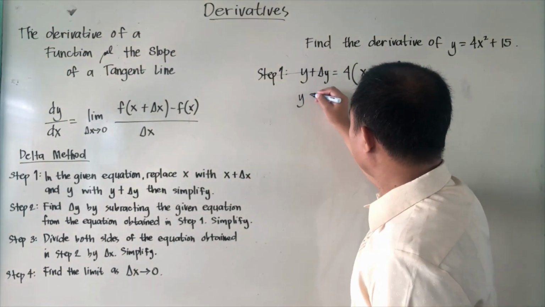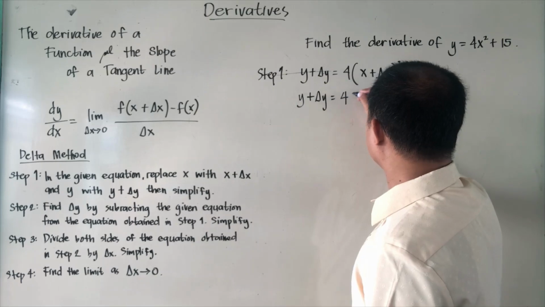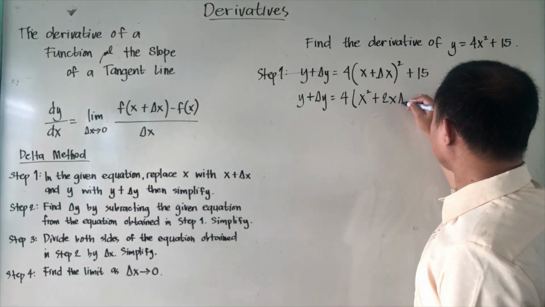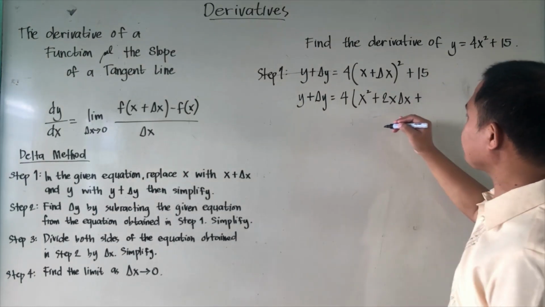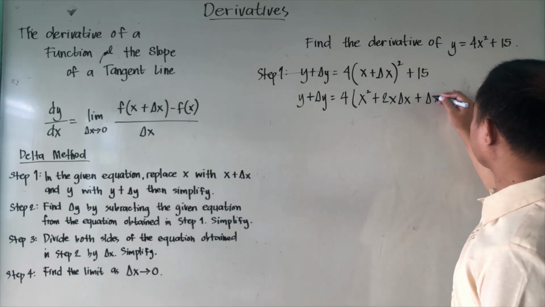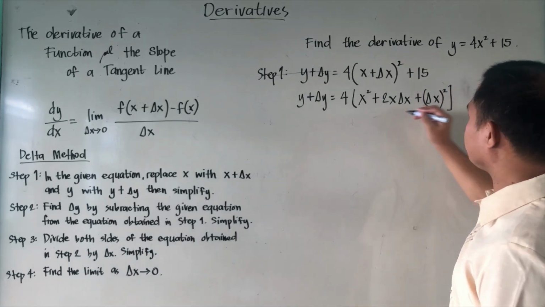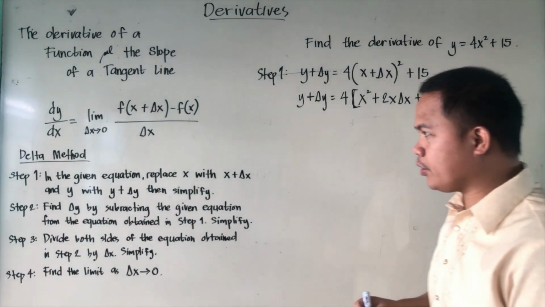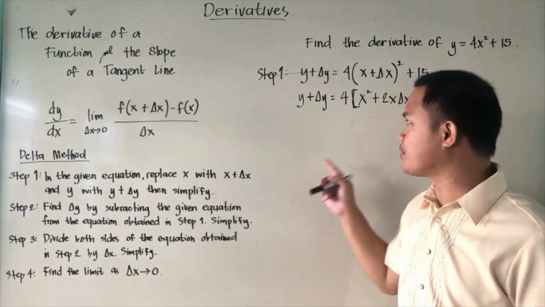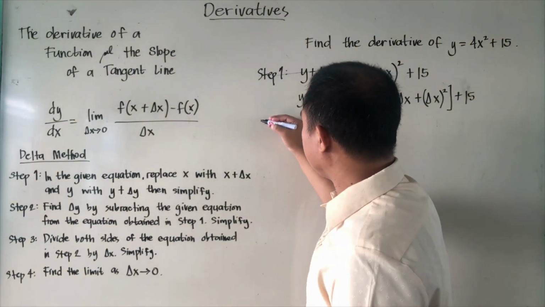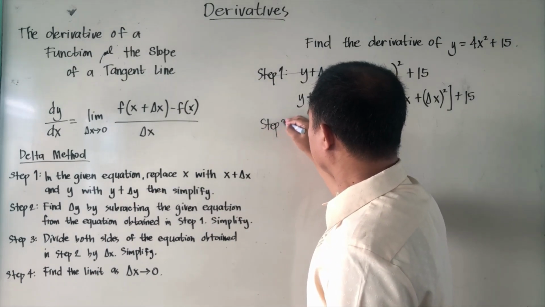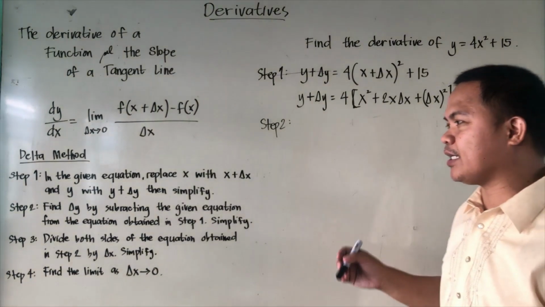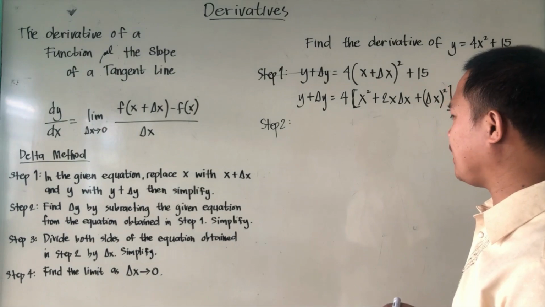We have y plus delta y is equal to 4 times x squared plus 2x delta x plus delta x squared, plus 15. This will be your simplified form as far as step 1 is concerned. Following step 2, we need to find delta y by subtracting the given equation from the equation obtained in step 1.